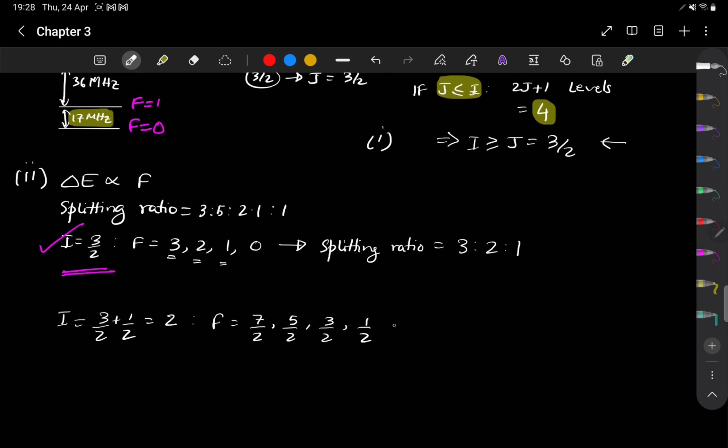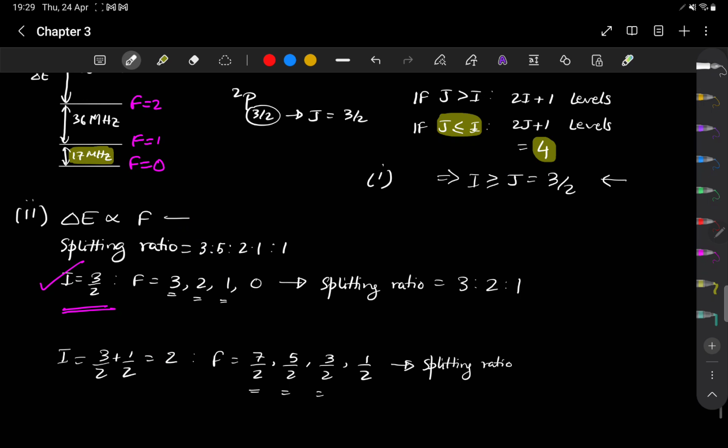Now in this case, the splitting ratio, we will take the higher value of F according to the hyperfine splitting.